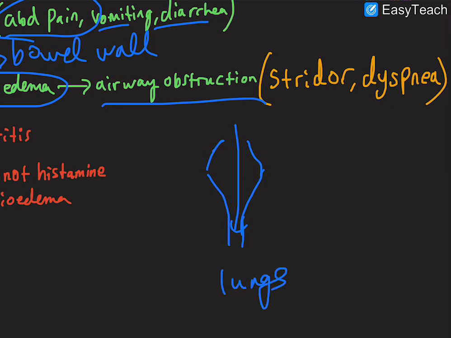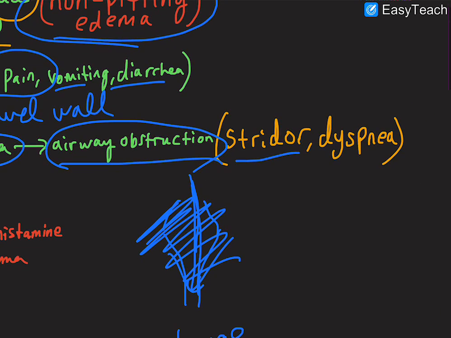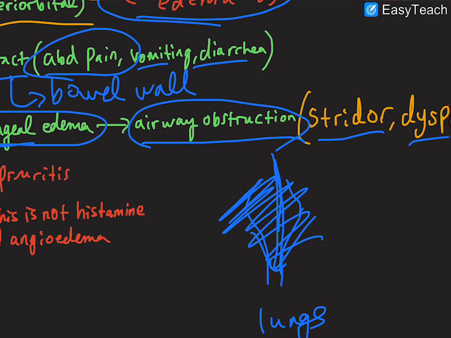So if you have laryngeal edema, of course you may have a much harder time getting air into your lungs. That can cause airway obstruction, which is obviously really dangerous, and that can lead to stridor and dyspnea. So you may have shortness of breath or you may have stridor, which is something you can see if you obstruct your airway.